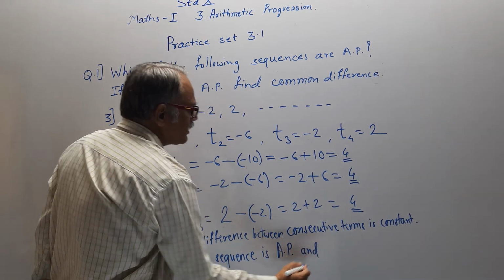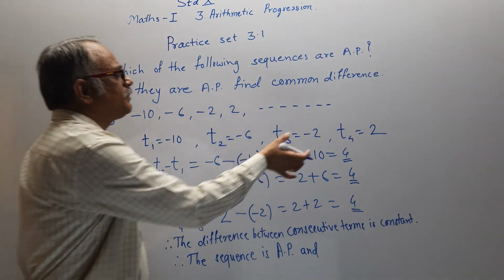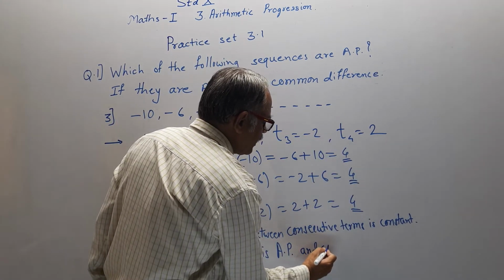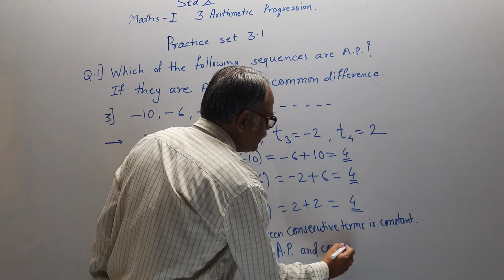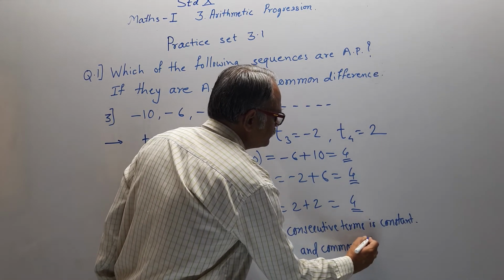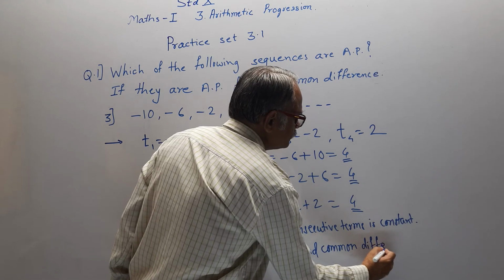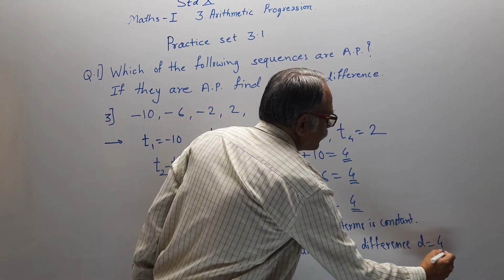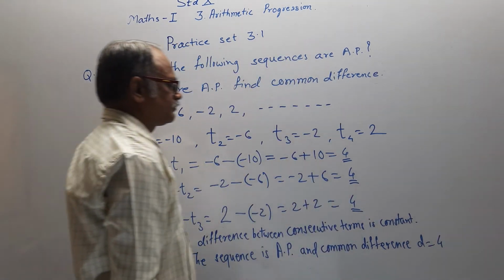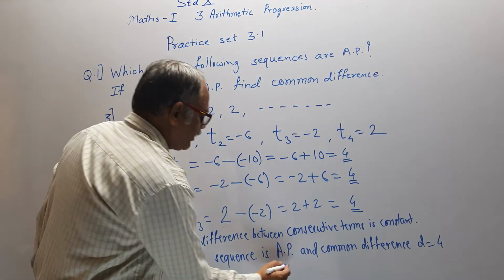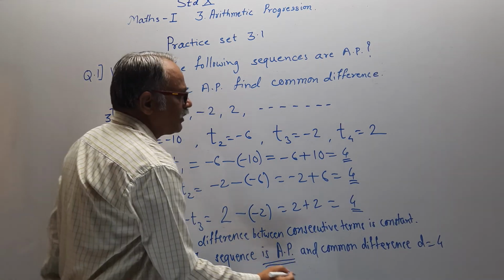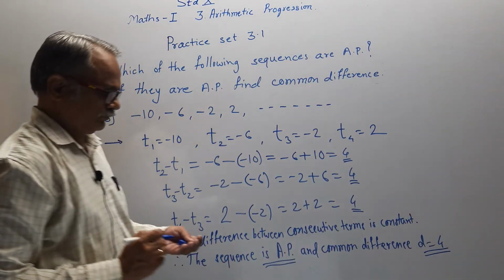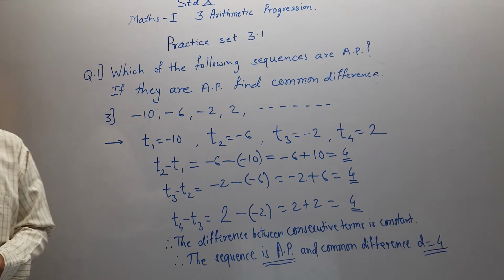And it is asked that if it is AP, then write the common difference. We have obtained it. Once again we have to write it. And common difference D is 4. It is AP and the common difference is 4. Neatly write it.